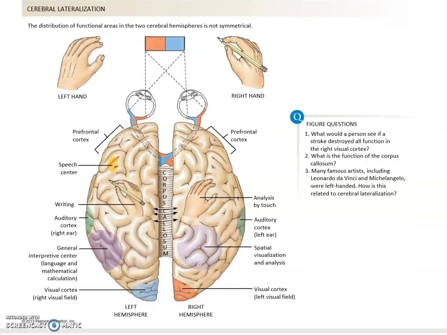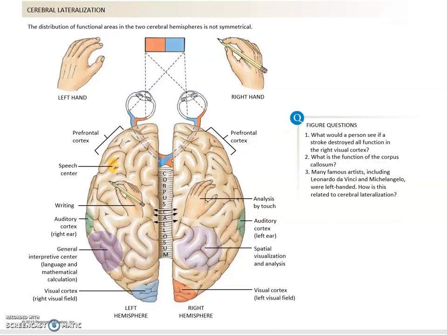Okay, so let's take a look at cerebral lateralization. This is the traditional view of all of this. People have associated certain perceptions or abilities with left brain versus right brain, with roughly the division that the left side of the brain is where you do your analysis, where you have your speech center, writing, language, math, basically all of the more analytical parts of the brain.